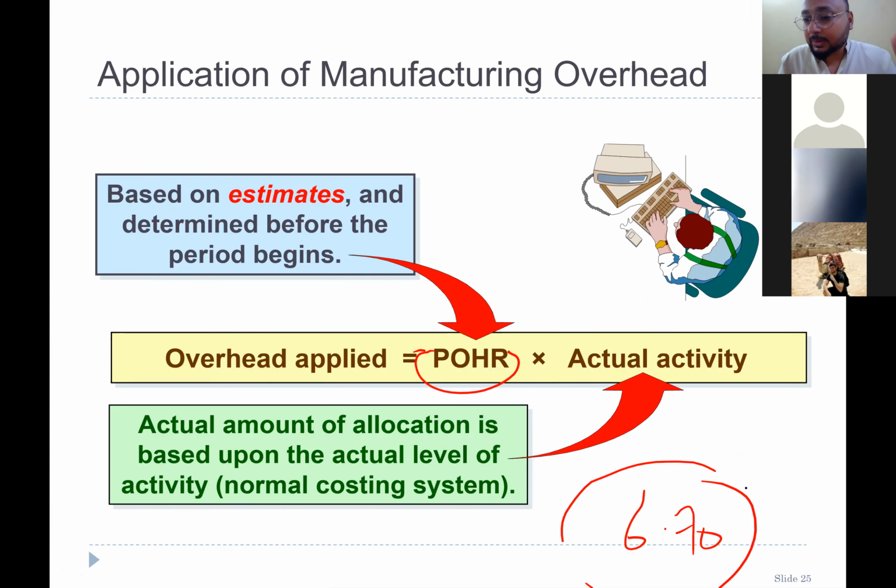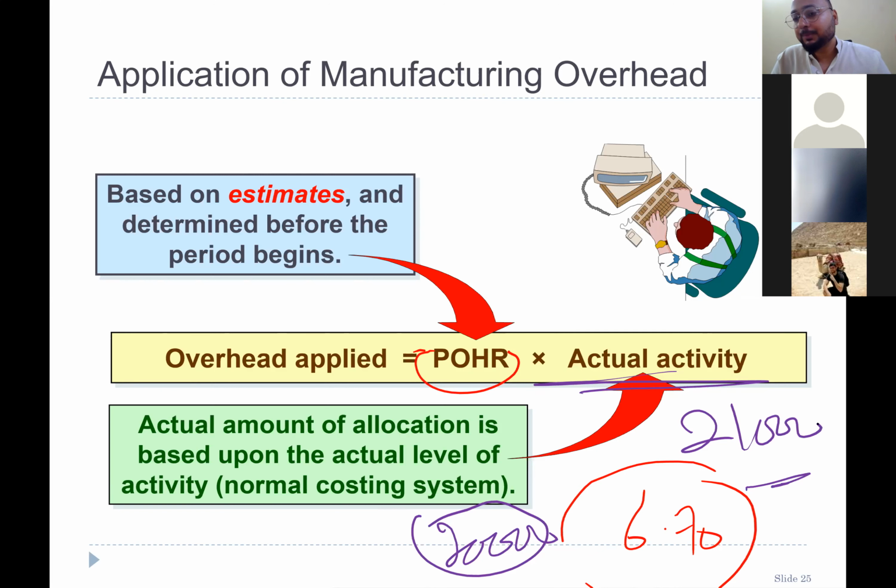Here 6.7 is coming from a 20,000 labor hour base, right? So what would be our estimation based on actual activity? Actual activity is 21,000, right? So overhead applied would be based on 21,000 rather than 20,000.